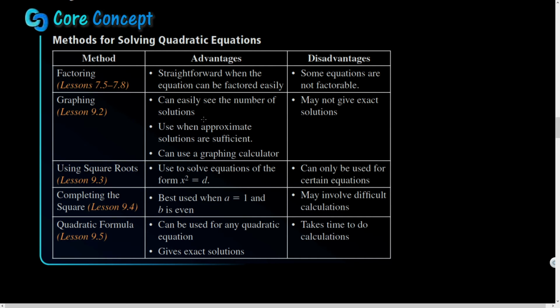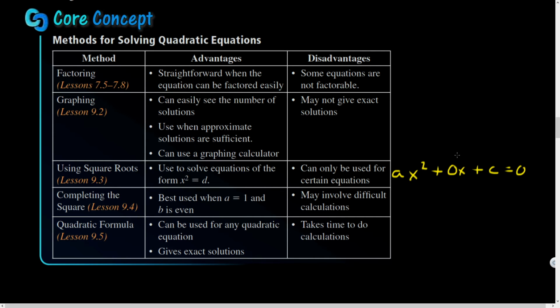If you don't have technology, doing it by hand, it lets you see the number of solutions easily, although now we have the discriminant that could tell us that. It is appropriate whenever you want an approximate solution, so it's not very accurate and may not give you exact answers. Square root solving, by rooting both sides of an equation, can only work if I have x squared plus 0x plus c.